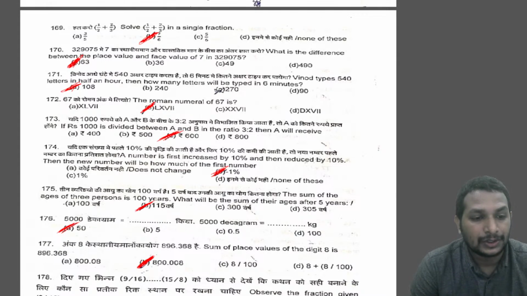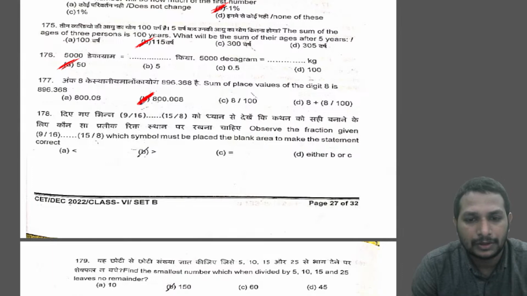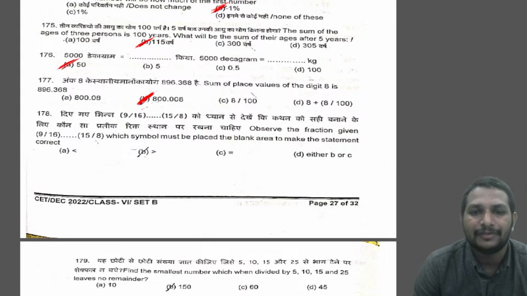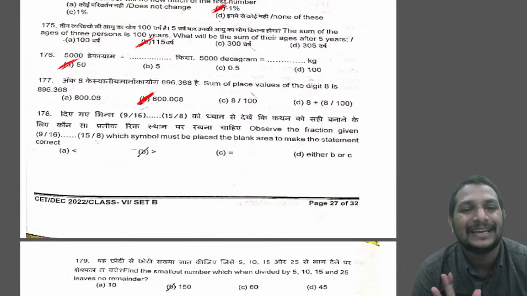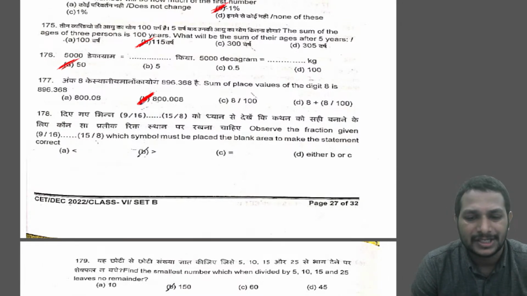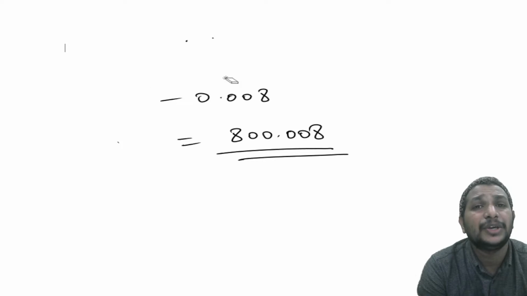Okay. So let's go for question number 178. Observe the fractions carefully. Given 9 by 16 and 15 by 8. We just need to fill that blank with the symbols given in the options: less than, greater than, equal to. Whenever you want to compare fractions, first we need to convert them into like fractions, I mean the same denominators.